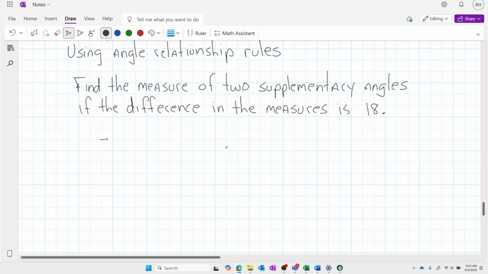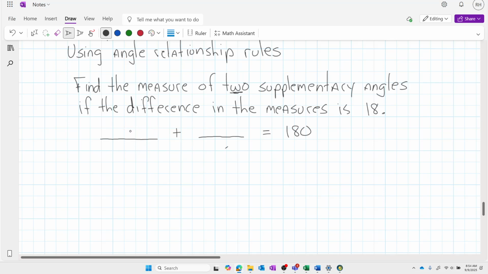So we need two angles. We need an angle plus another angle that equals 180 degrees. These blank lines represent the angles, okay? The question is to find the measure of two supplementary angles if the difference in the measures is 18. So we're going to fill in these blanks.